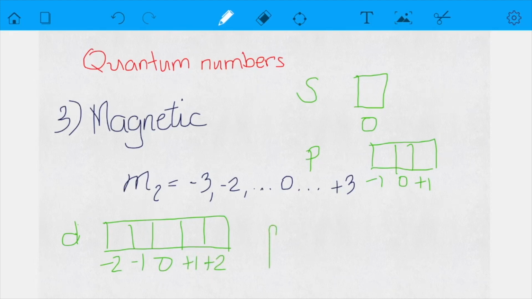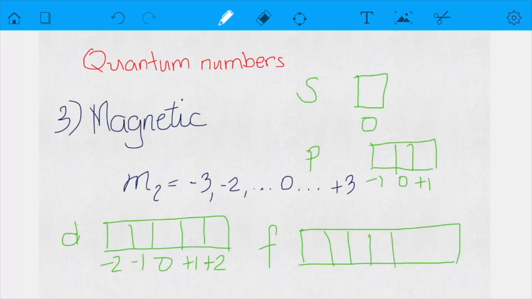In the case of letter F, you have 7 orbitals. So you have negative 3, negative 2, negative 1, 0, positive 1, positive 2, and positive 3.